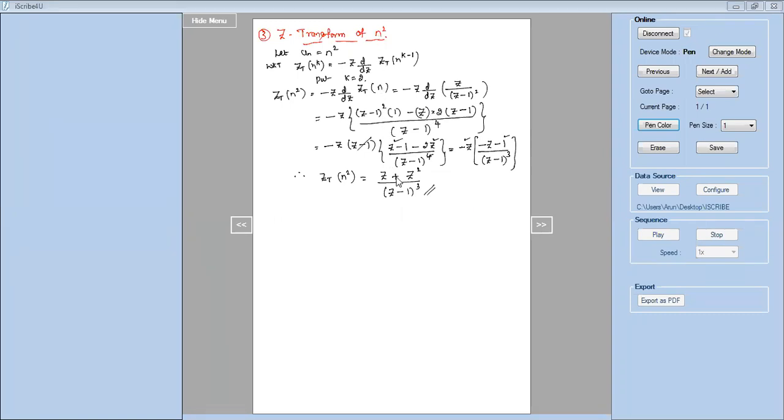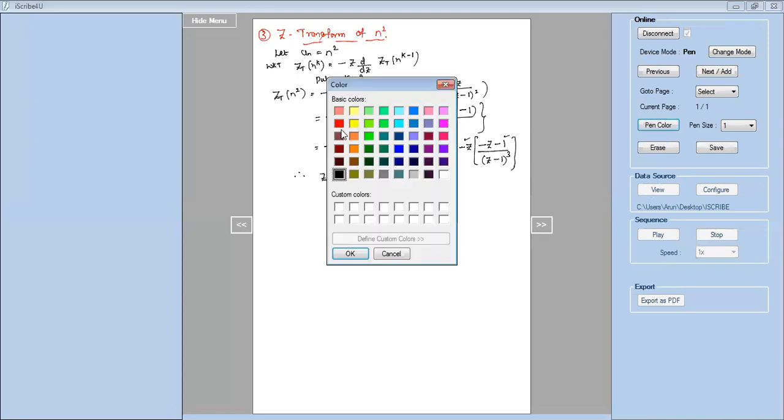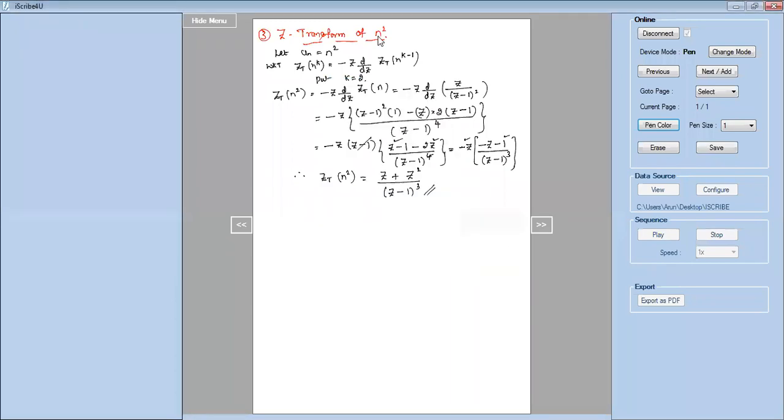Like this, we can derive the z transform of n cube also. So straight away I'll write the formula. The derivation for n cube is not required, because we did n square, and in the same way we can do n cube also.